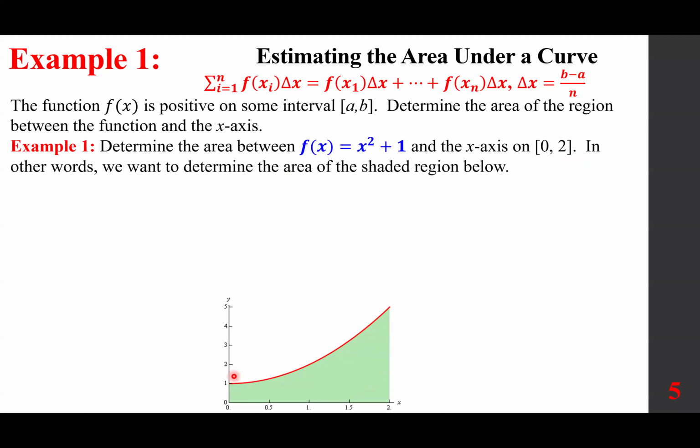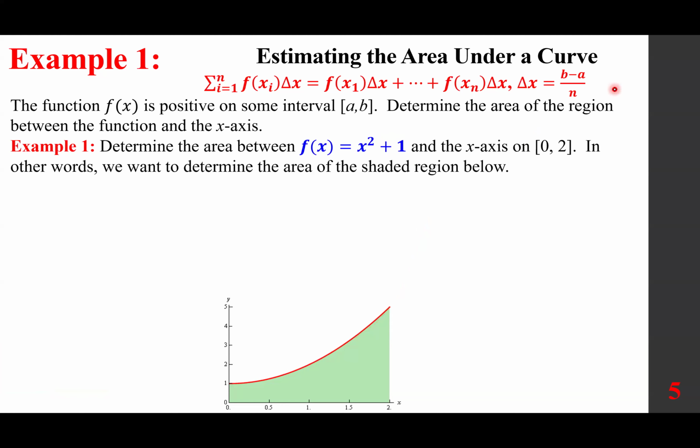First, I want you to understand that generally speaking, we would be dealing with this function. Remember, y equals x squared, and it's been shifted up by 1. But the reason we want to limit that is because we want the area between 0 and 2. So that is the formula.